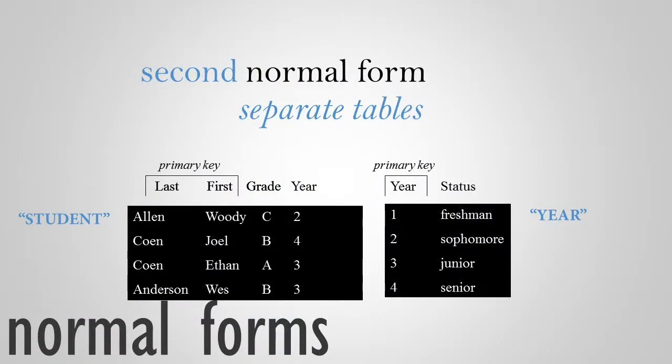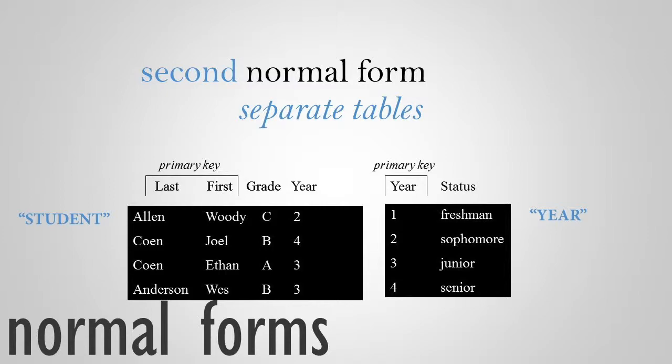So pause for a second. How do you think we might be able to get around this violation? Just to be clear, what's happening is that the violation is happening because the grade and status is dependent on part of the primary key, the first and last name, not on the entire primary key. So we would separate this into different tables.